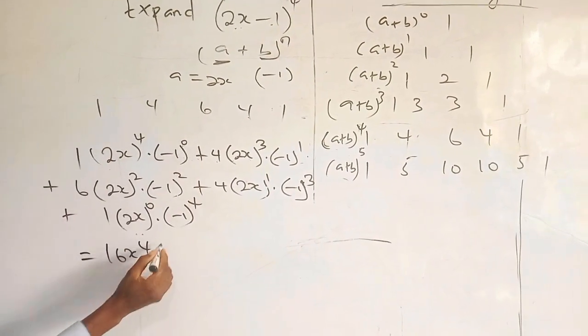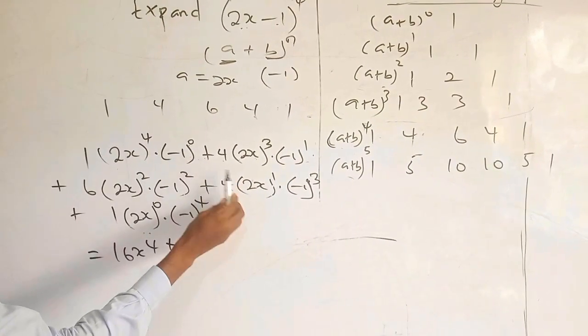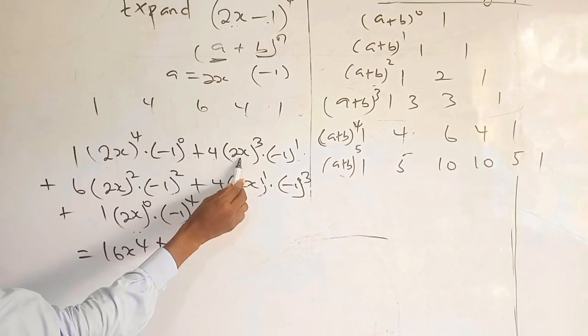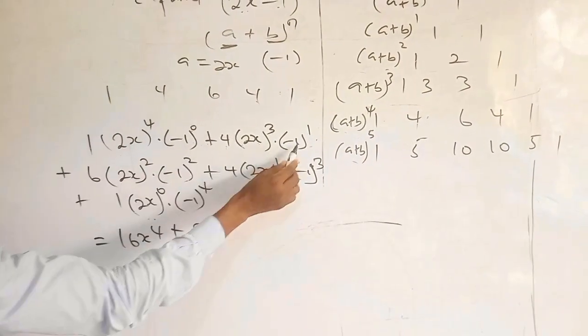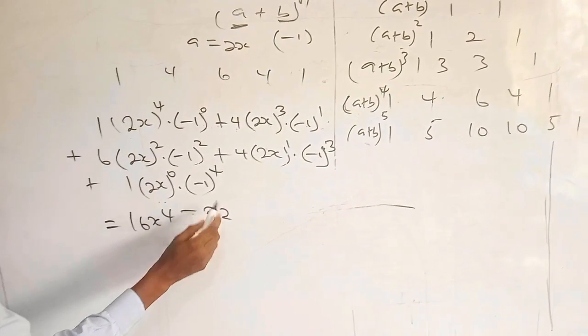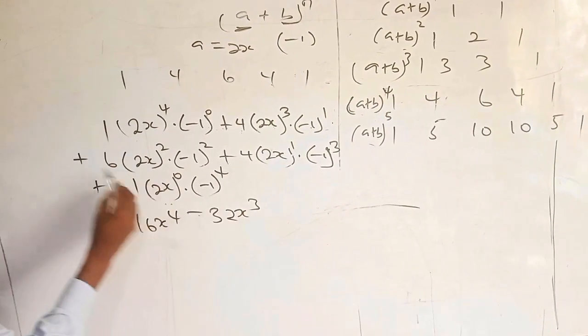Plus we have 2 to power 3 is 8, 8 times 4 is 32. So we have 32, and plus times minus is minus, so minus 32x cubed.